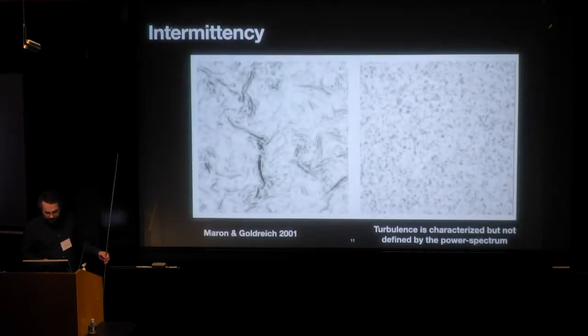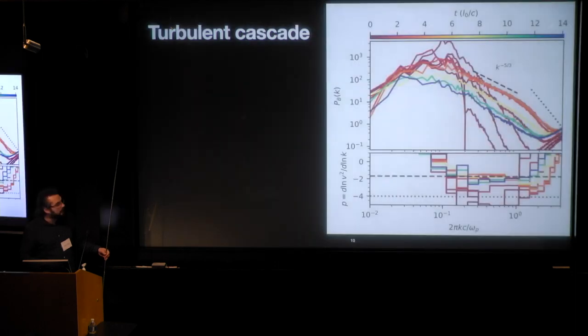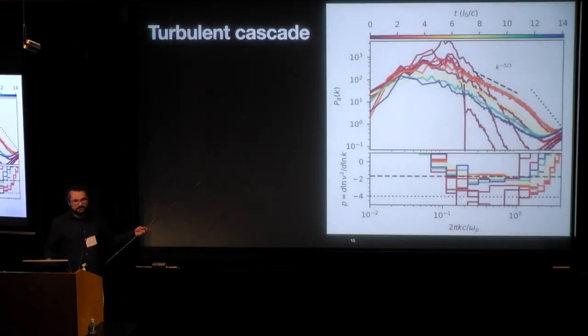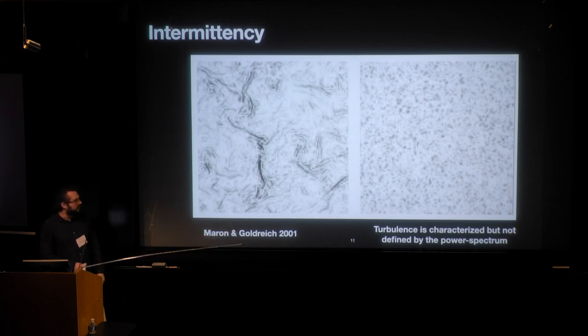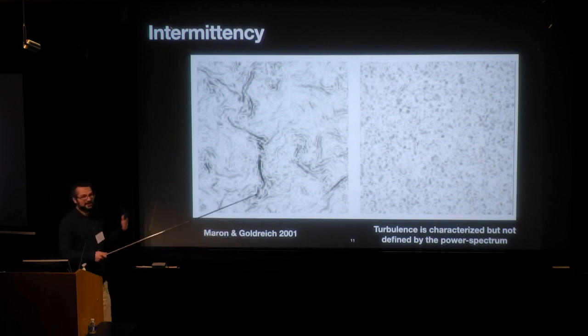What is important here is that this describes our turbulence, but does not define our turbulence. Why do we run turbulence simulations in the first place if we know we can get this in the end? For example, I'm not very proud of this picture, but this is not mine. I'm going to probably make a better one in the future, but so far I only have this one for the illustration.